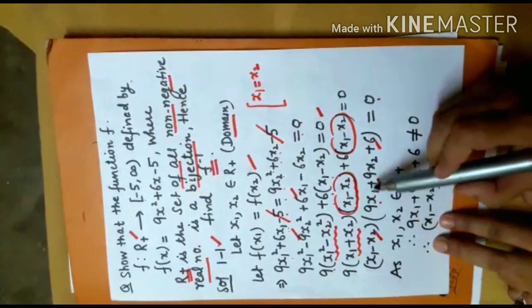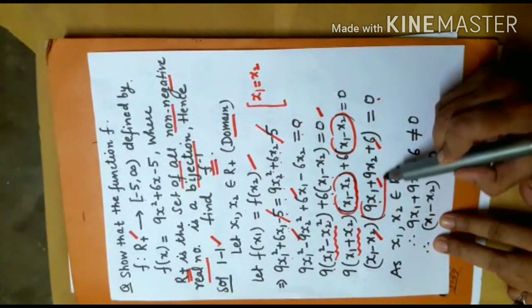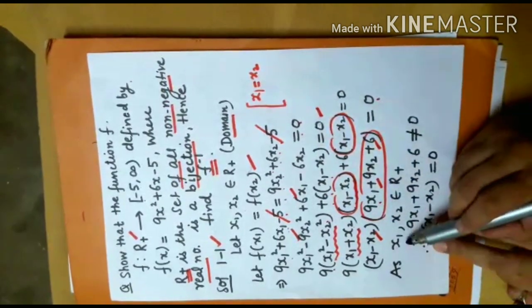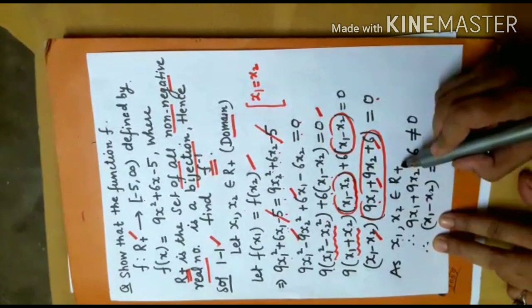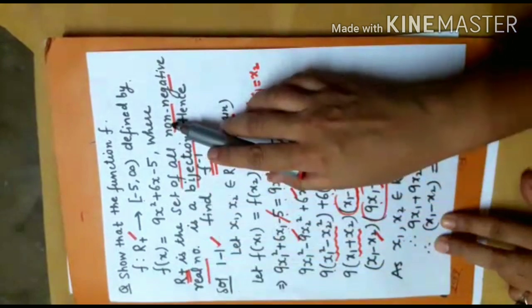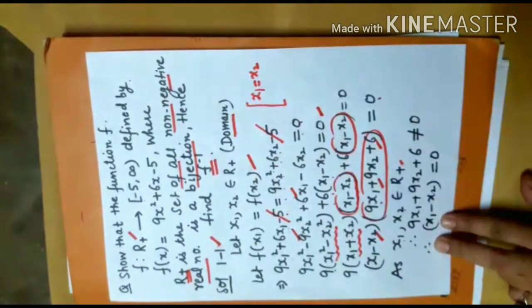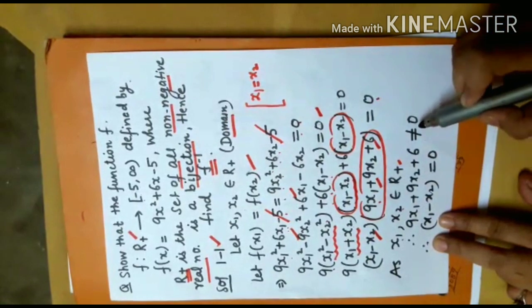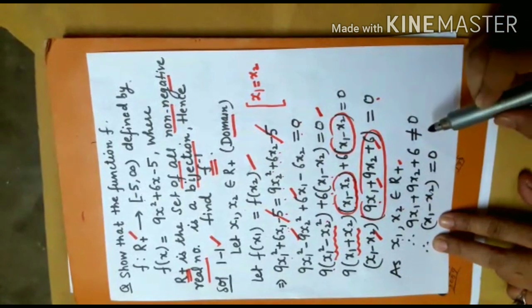Now, this factor cannot be equal to 0 because x1 and x2 belong to R+, and R+ is the set of all non-negative real numbers. So 9x1 + 9x2 + 6 cannot be equal to 0.